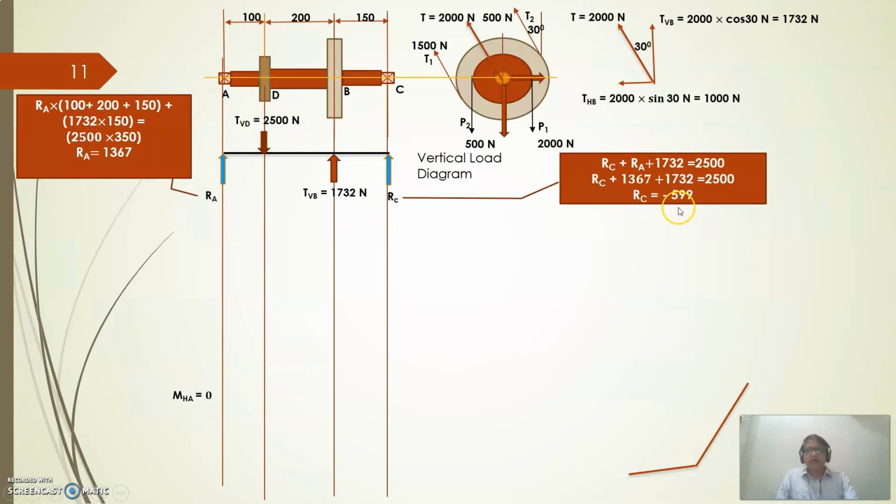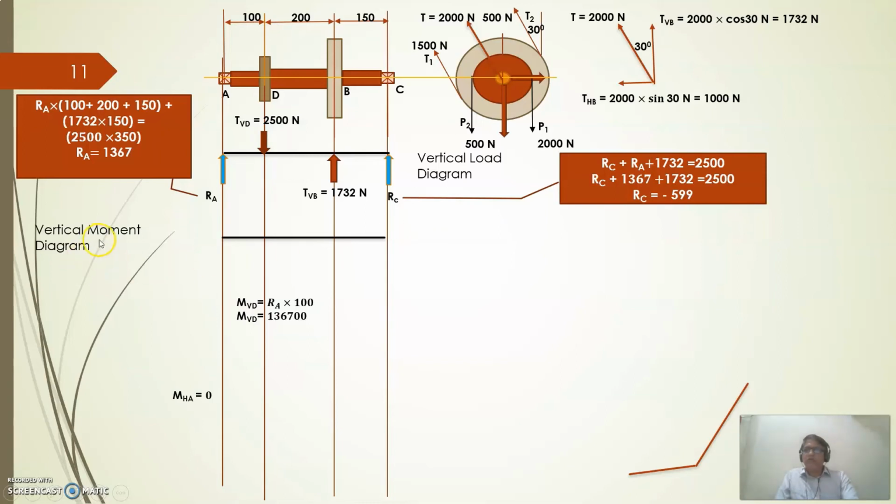Here what I got is minus 599. So this is negative, which means it is not acting upward, it is acting downward. The magnitude will remain the same, so we will not find much change in the moment diagram.